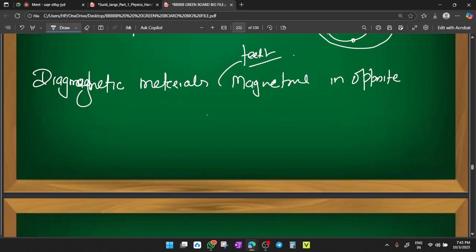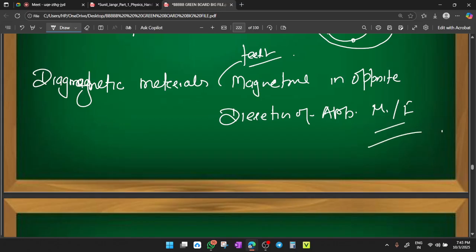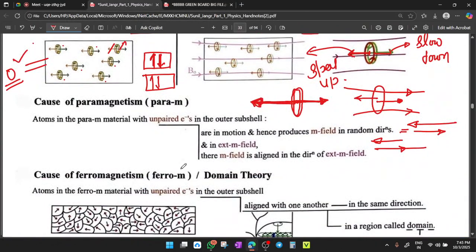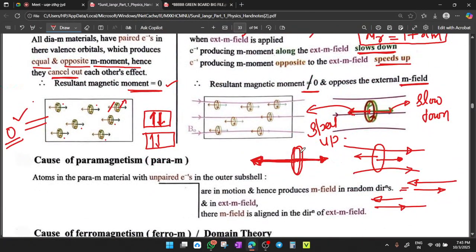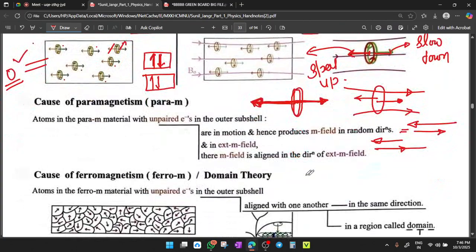So diamagnetic materials are feebly magnetized in the opposite direction of the applied magnetic field. Understood? Such an event takes place, and a net magnetism is produced opposite to the direction of the applied magnetic field.